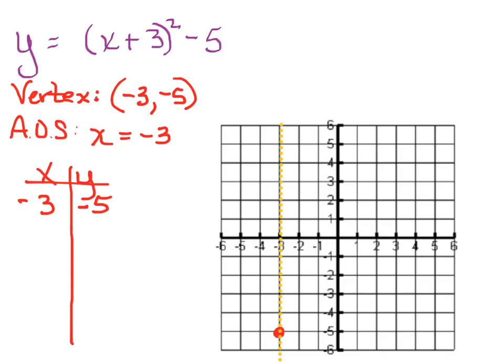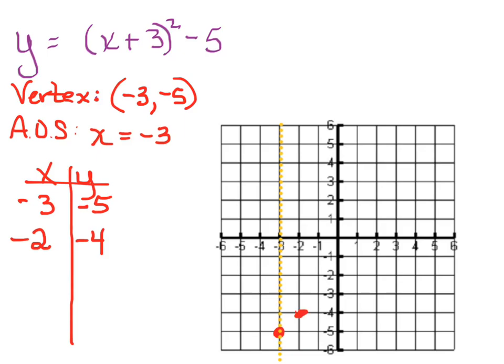So what we want to do is pick some points. That's the vertex. We want to pick some points either to the left or the right of the axis of symmetry. So I'm going to let x equal -2, and then I'm going to take that -2 and run it through this template here to get the y coordinate. So -2 plus 3 is 1, 1 squared is 1, 1 minus 5 is -4.